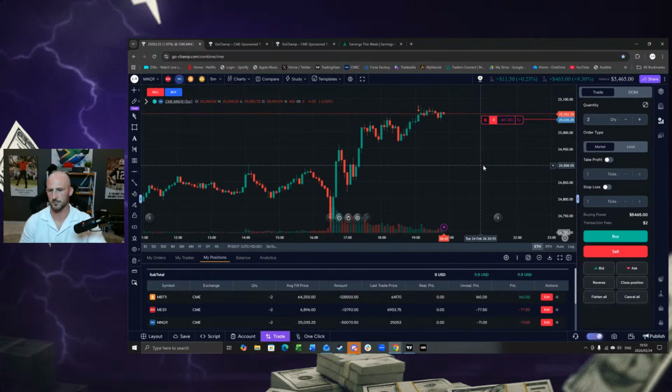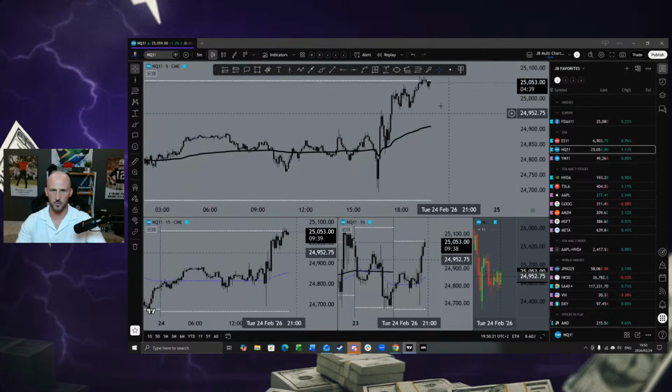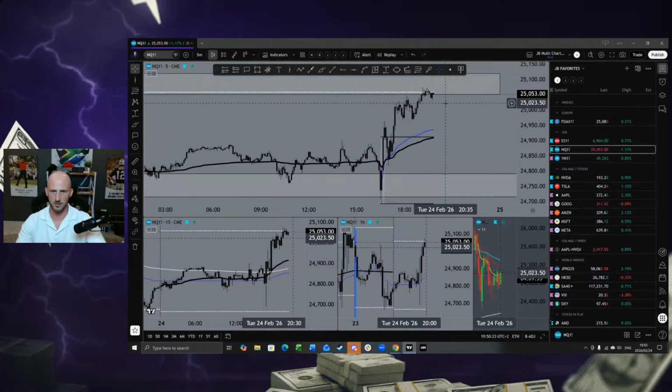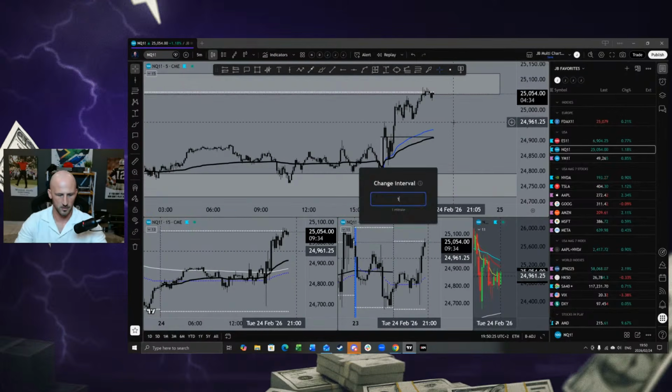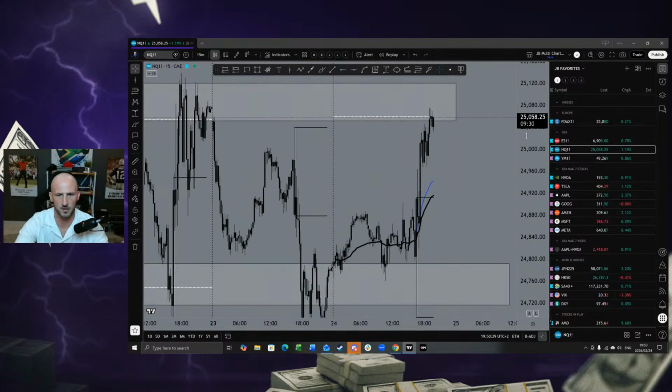There you go. See, that's why I still like those highs where we are trading at the moment. Those previous day's highs are showing quite a little bit of resistance. As mentioned, it is where we fell off yesterday.